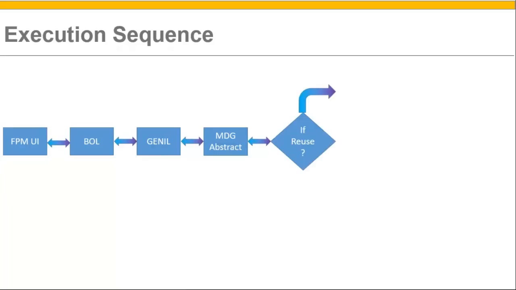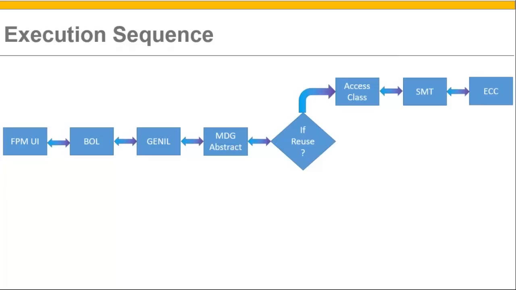MDG abstract layer has some technology, some coding inside it, which will identify whether the data model is reuse mode or a flex mode. If it is reuse mode, it will go to access class, and access class will call SMT mapping, and SMT mapping will call ECC related data.